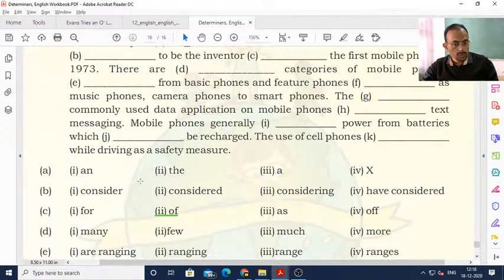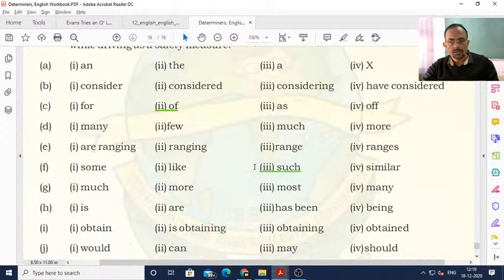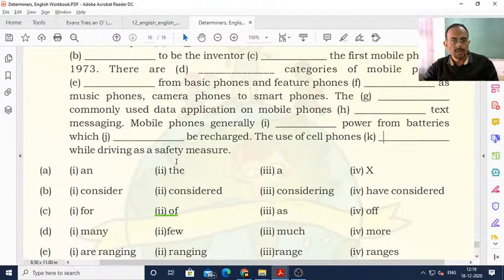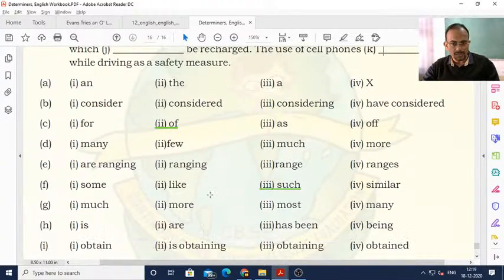So, I also told you why is banned, because the subject which the verb will agree with is use here, which is singular, therefore the verb should also be singular. The use of cell phones is prohibited or banned while driving as a safety measure.